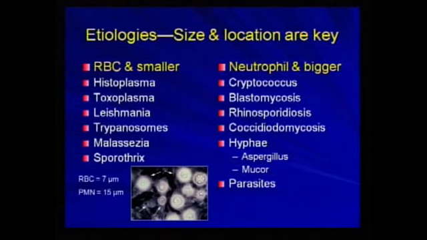Organisms that are smaller than a red blood cell are listed on the left-hand side of this slide. They include several protozoans and fungal agents. Okay? If they are bigger than a neutrophil, you're dealing with some of the larger fungal agents here and some larger parasites.